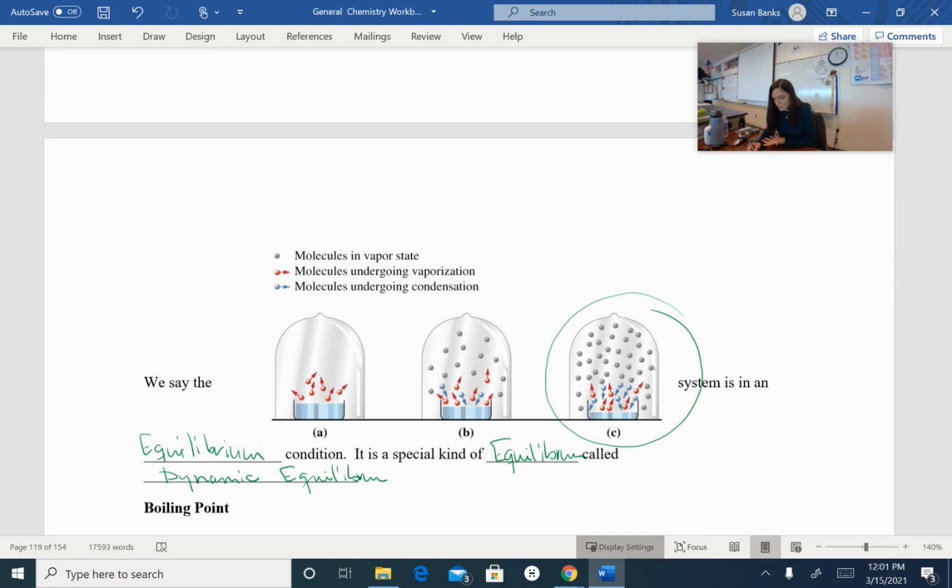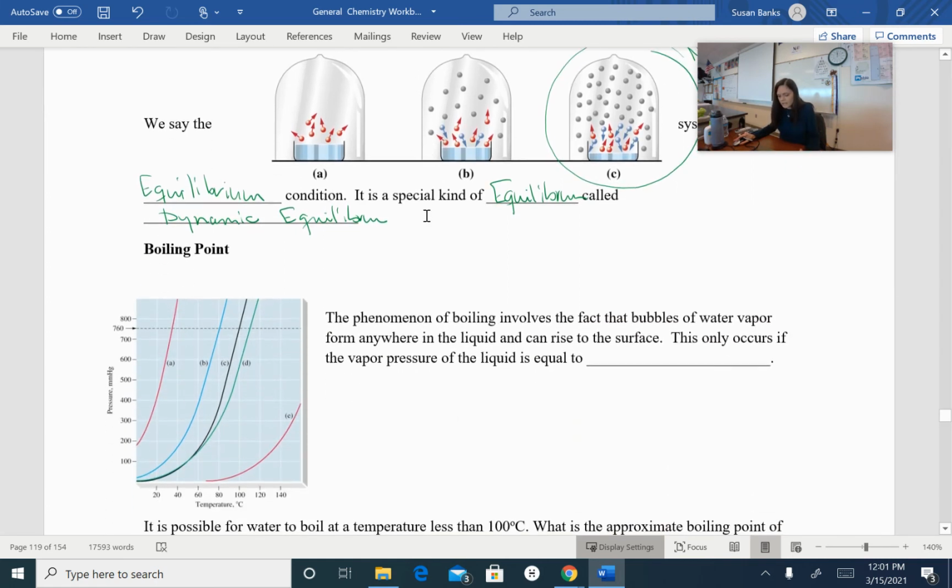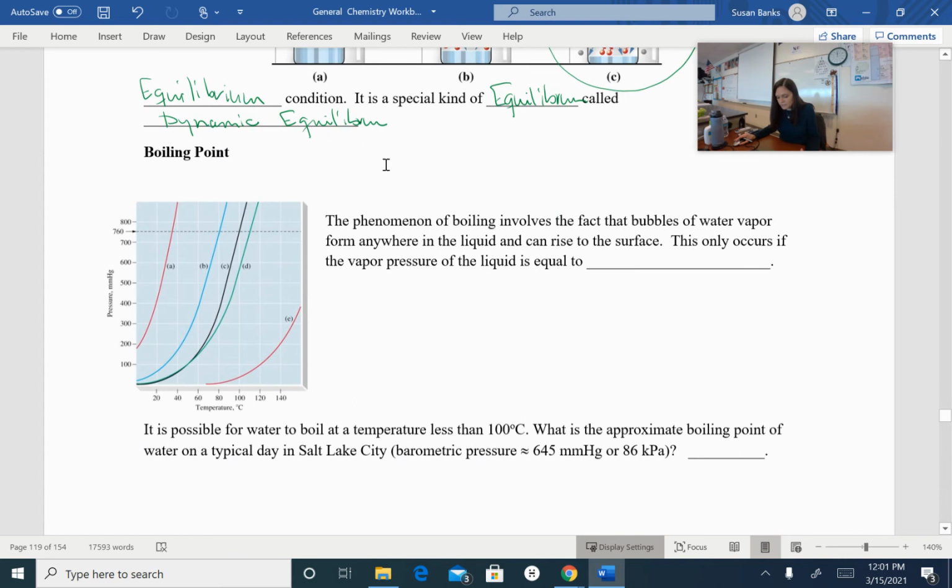I have the red ones that are going to the vapor state, and I have the blue ones that are going to the liquid state. But the rate is the same, so the net change is zero, even though the individual molecules are still changing back and forth. That is dynamic equilibrium. Okay, let's talk about boiling point for a second.